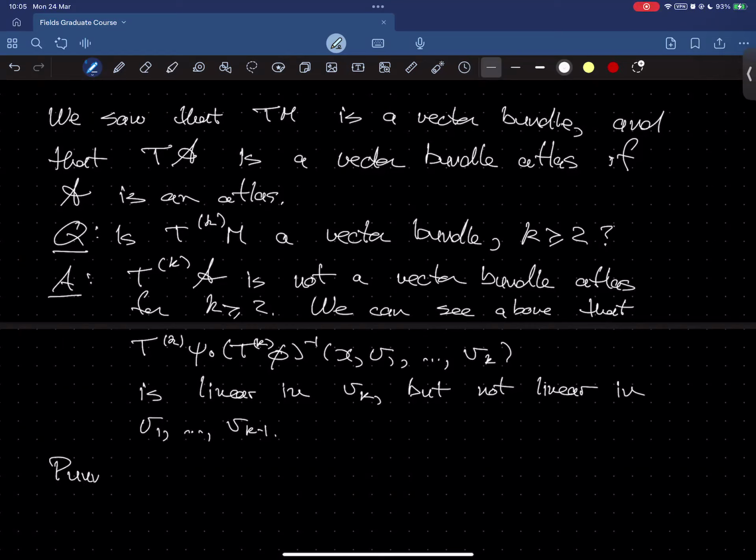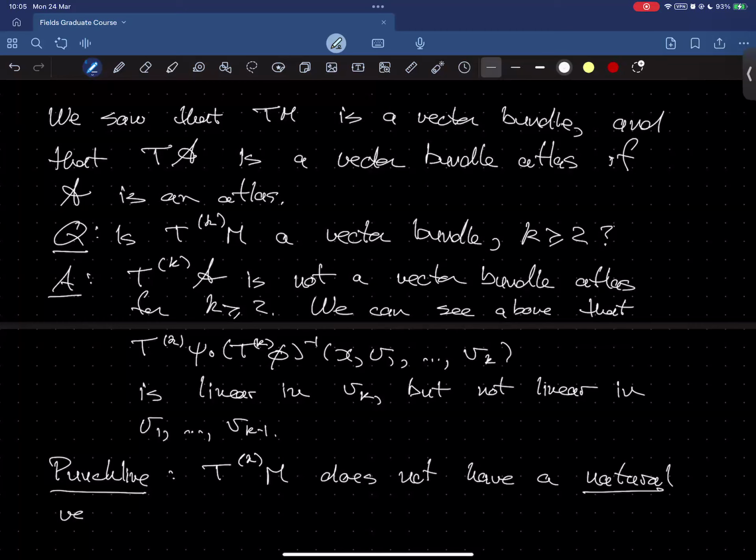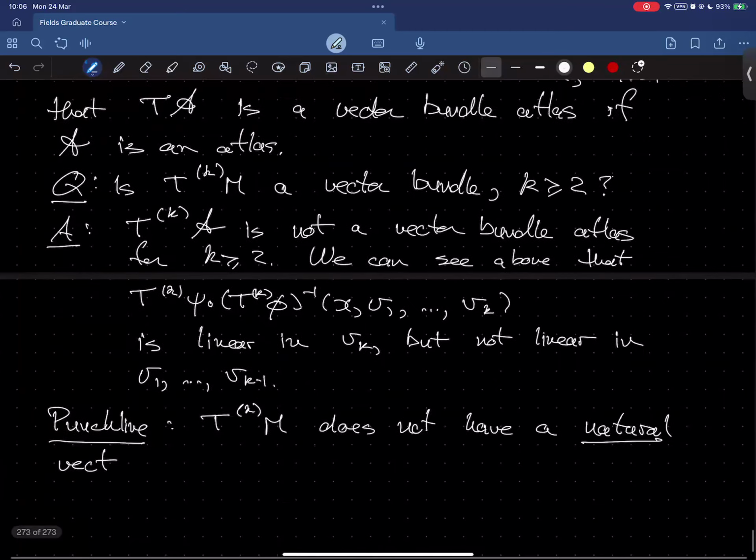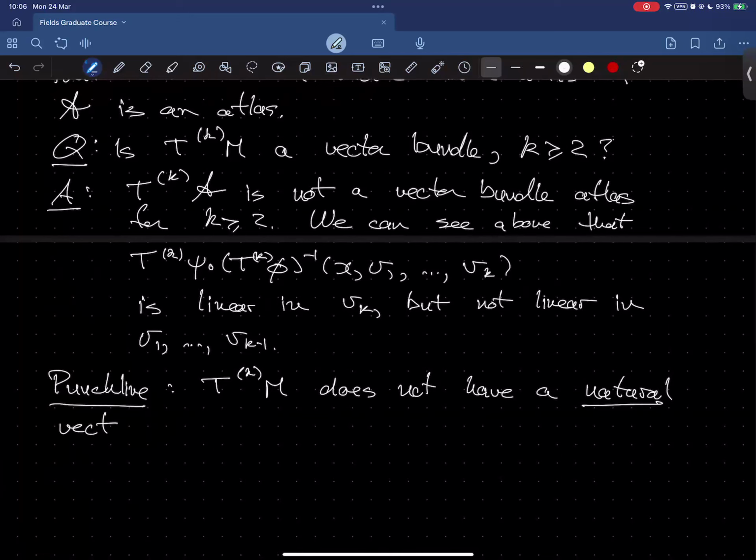So the punchline of this is that T^k M does not have a natural vector bundle structure. It generally speaking will have a vector bundle structure, but it depends on another choice of thing like a connection or something like that.